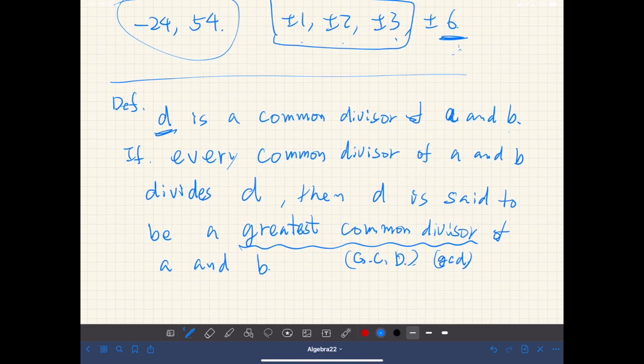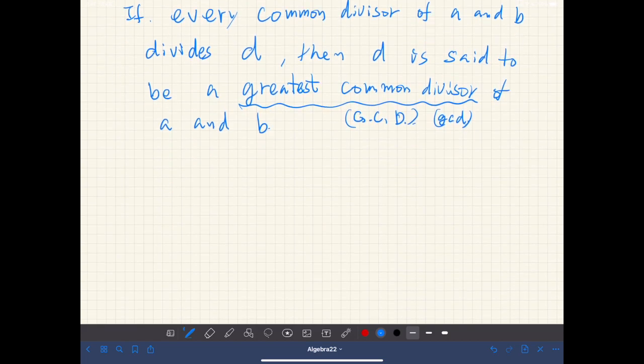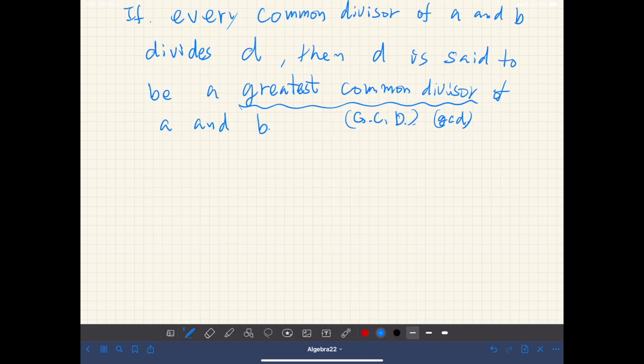In the previous example, plus minus 6 are our greatest common divisors. And we usually take the positive one and call it the greatest common divisor.